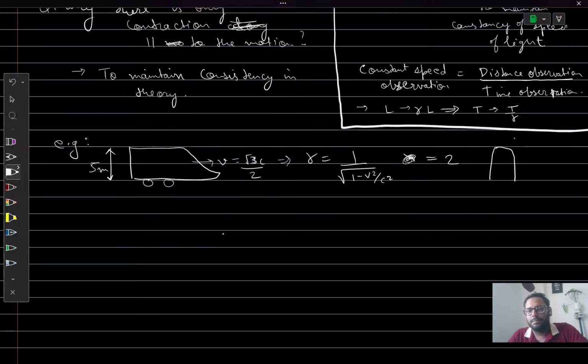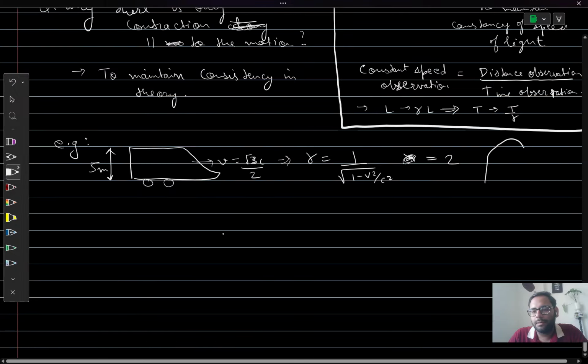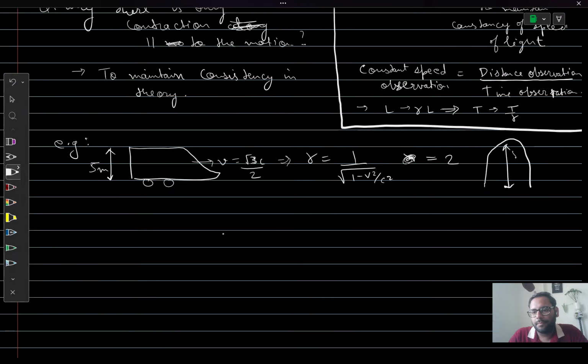Let me make this tunnel somewhat bigger. It has a height of 8 meters. This is my tunnel, this is my train, and of course this is moving, and this is at rest.